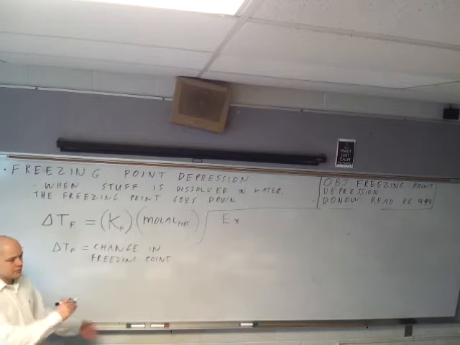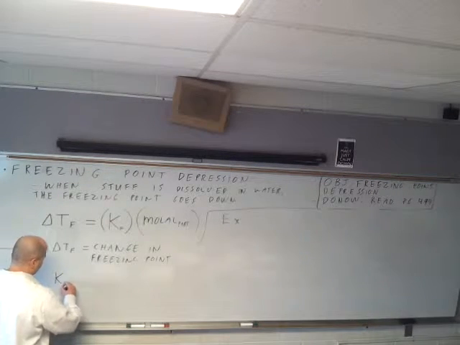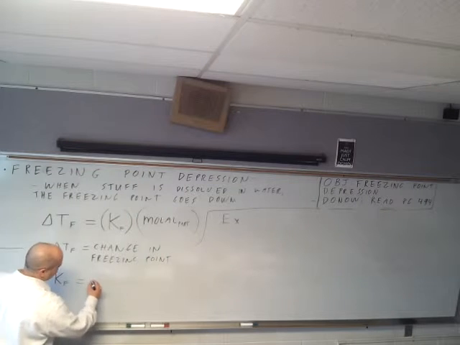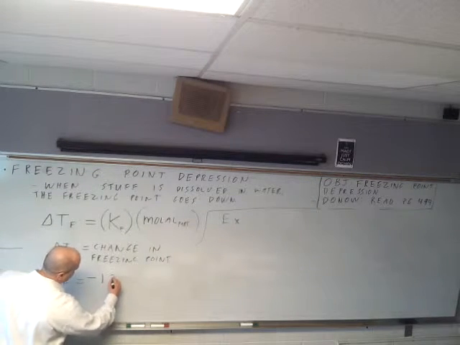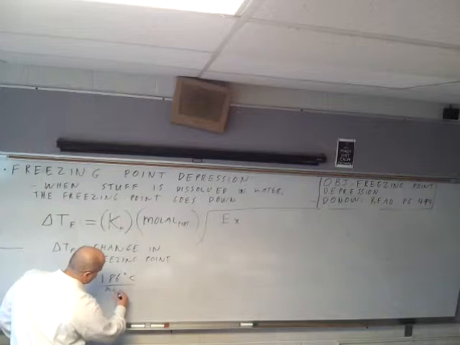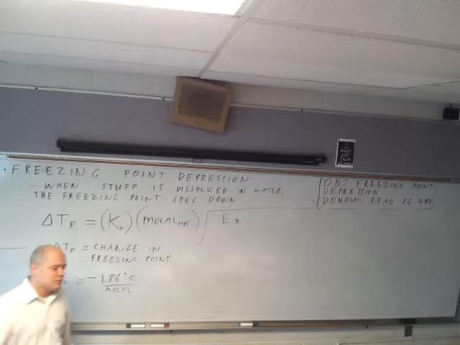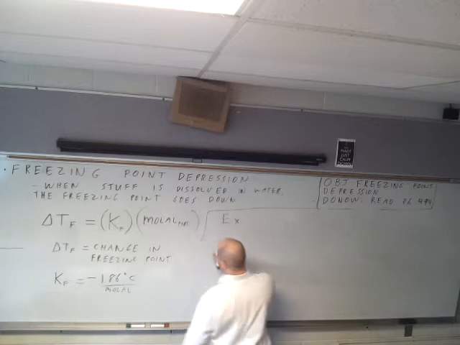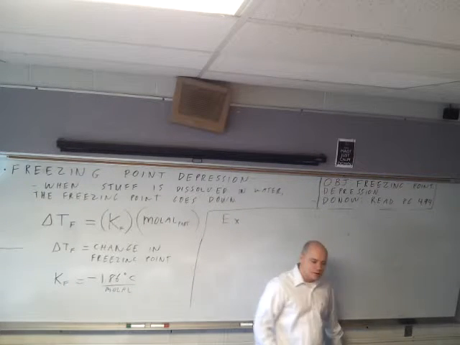Go in one direction or the other, and the freezing and melting is the same temperature. And Kf is going to be negative because the freezing point's going down. So it's negative 1.86 degrees Celsius per mole. And so you see the freezing point changes a lot more than the boiling point does, roughly 3 times more.